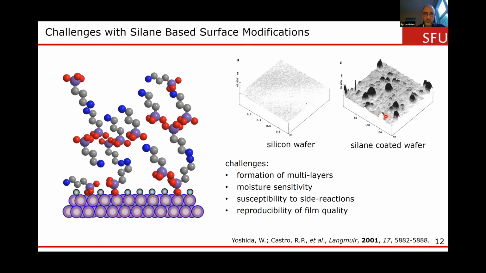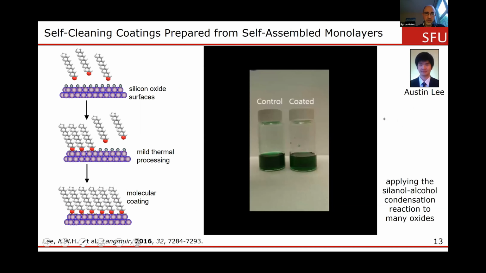But in recent years, we've taken a deviation away from these silane-based reagents, and instead looked at how to modify the surfaces of different silicon oxides, whether it's an oxide on a polysilicon wafer or a mixed oxide in the scintillation vials, using alcohol-based reagents.